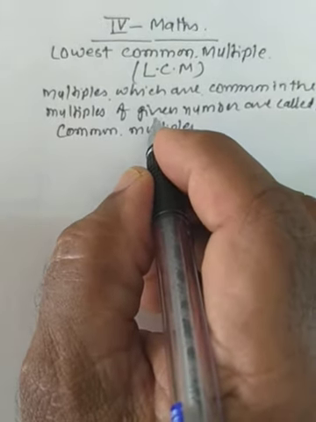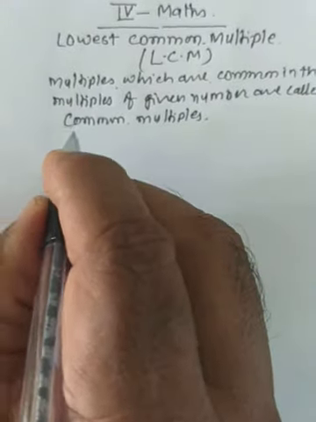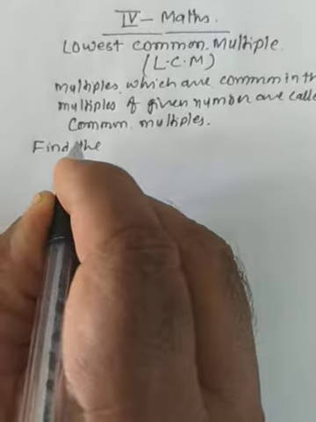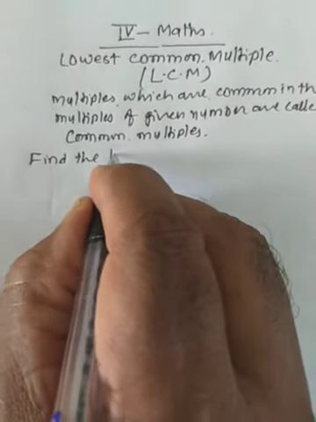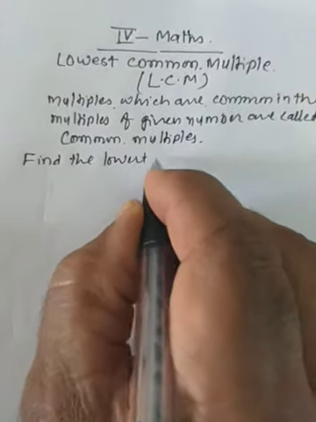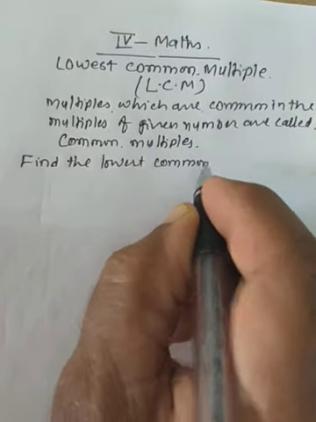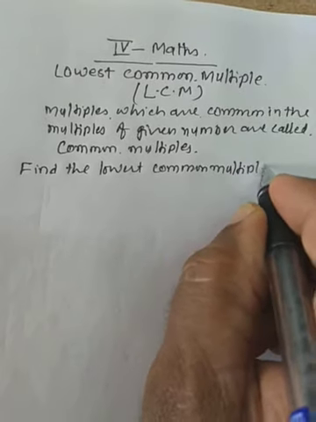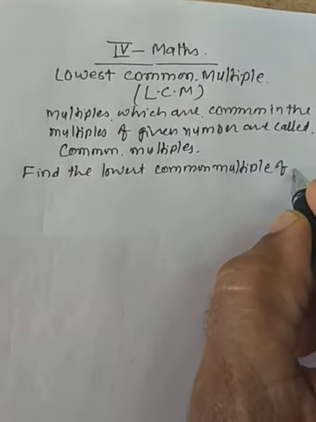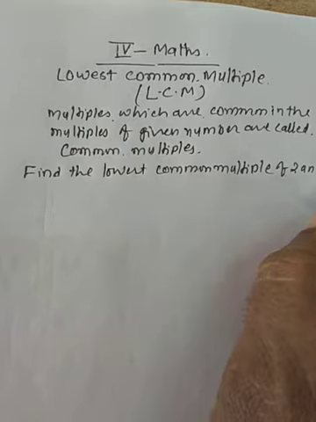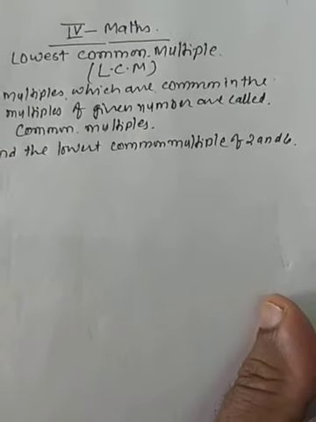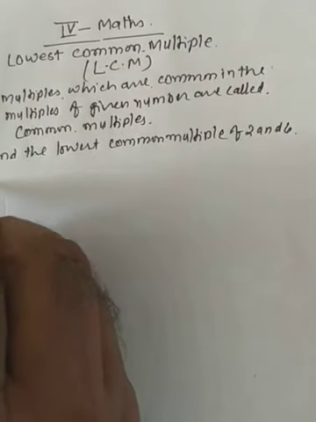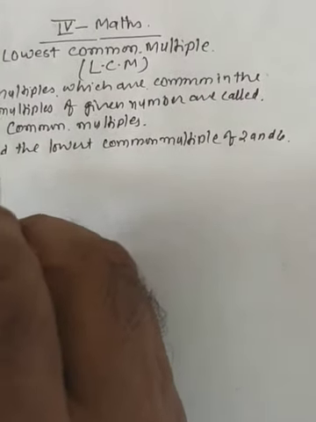Okay, for example, find the lowest common multiple of 2 and 6.